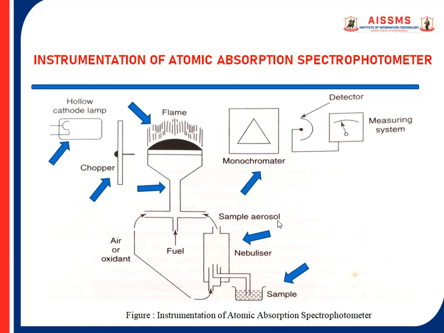Monochromator is used to disperse the radiation according to wavelength. Detector: the role of the detector is to convert the light signal into an electrical signal. Display system for the final output display.